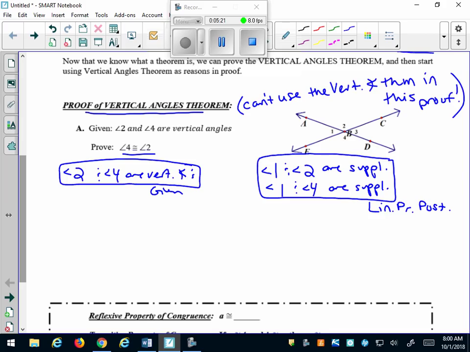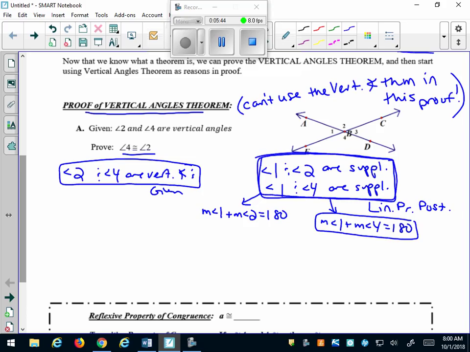If angles 1 and 2 are supplementary, we could write measure of angle 1 plus measure of angle 2 equals 180. And 1 and 4 are supplementary: measure of angle 1 plus measure of angle 4 equals 180. Now notice I put these linear pairs in the same box. You could put them in two separate boxes, but if it's the same reason, you can put them in the same box.